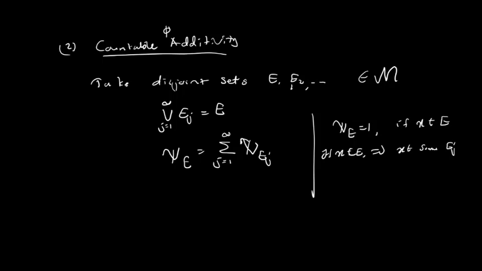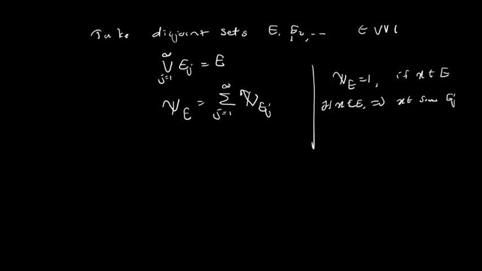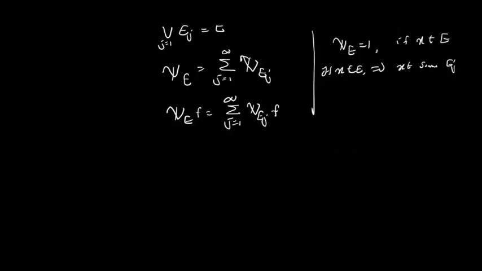So that's why chi E equals the summation, j from 1 to infinity, of chi Ej. Now what is chi E times f? This is equal to the summation, j from 1 to infinity, of chi Ej times f.